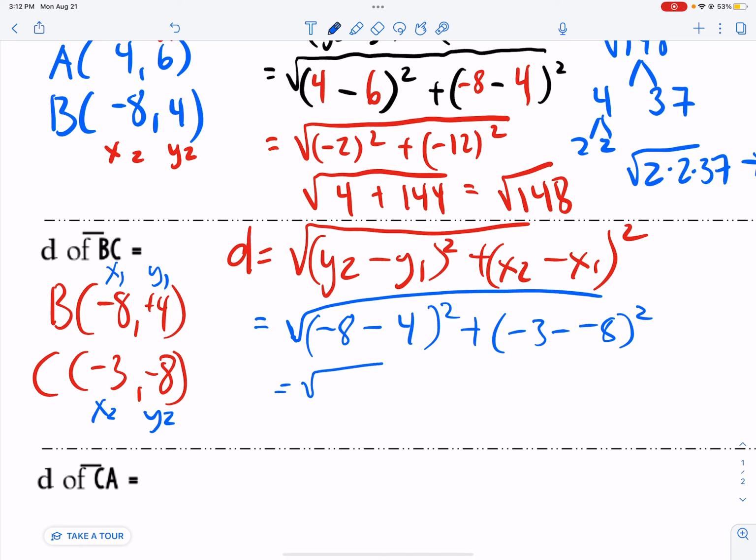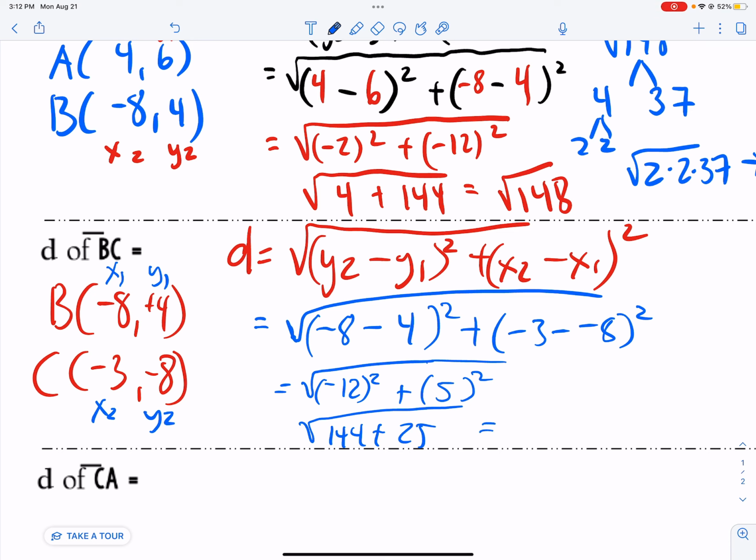This gives me the square root of (-12) squared plus (-3 plus 8), so 5 squared. So 144 plus 25, which is equal to 169. And then I think the square root of 169 is 17.